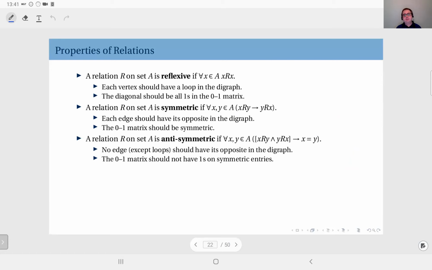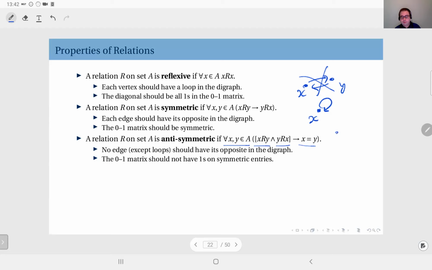Okay, so let's look at the definition. What is an anti-symmetric relation? For all x, y in A, if x is related to y and y is related to x at the same time, this should imply x is equal to y. So what does this mean? If you have x and y here, something like this can only happen if you have this loop and x and y are the same element.